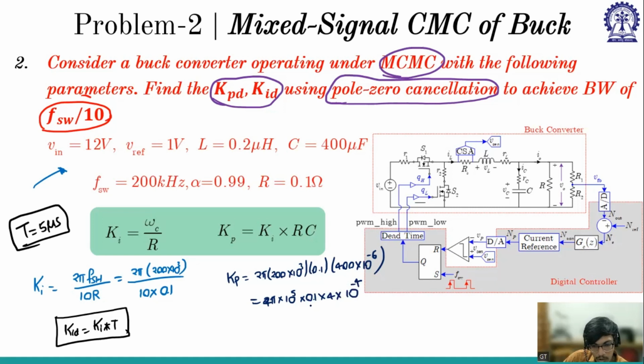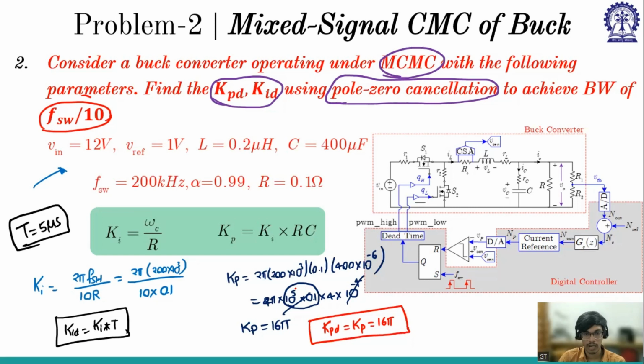So 10 to the power 5 into 0.1 is 10 to the power 4, which cancels with the 10 to the power minus 4. So my Kp is 16 pi. And I know that Kpd is equal to Kp, which is 16 pi. That's how I'll get the Kp as well as Ki values for the pole zero cancellation PI controller design of a buck converter operating under mixed signal current control. So is this part clear?